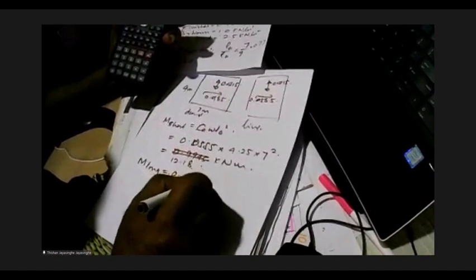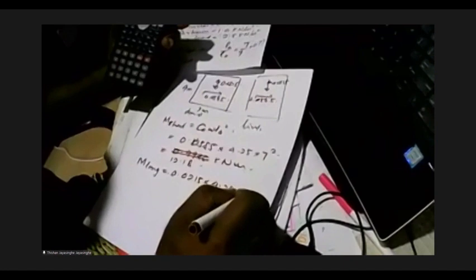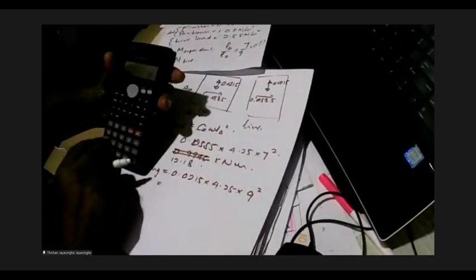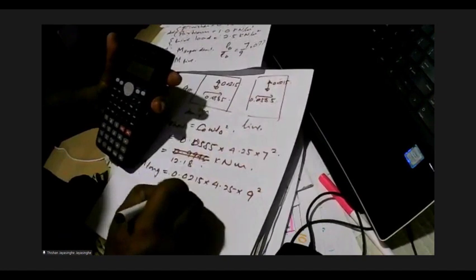M long is given by 0.0215 multiplied by 4.25 multiplied by 9 squared, 0.0215 into 4.25 into 81, that is 7.4 kilonewton meters per meter.